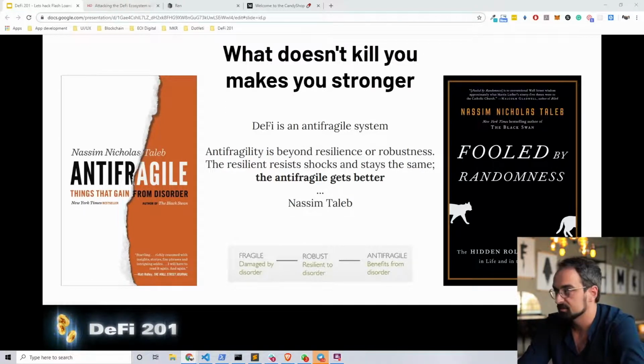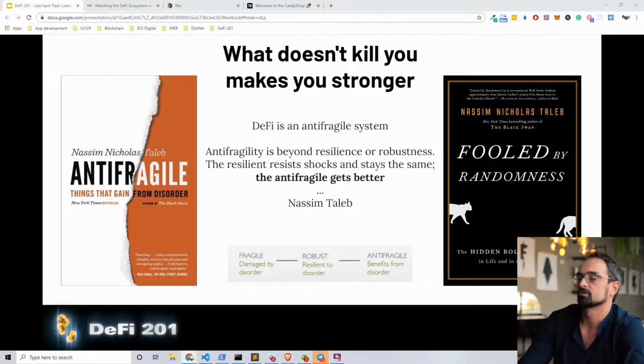Yeah, and again, what doesn't kill you makes you stronger. And flash loans are not the problem. Using illiquid DEXs or inappropriate oracles is the problem. So as a developer, you need to understand that when you build your DeFi protocol, you use all these primitives well.